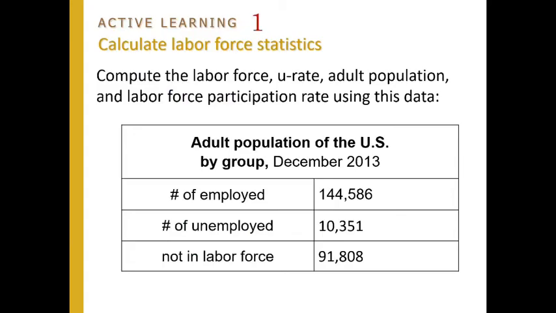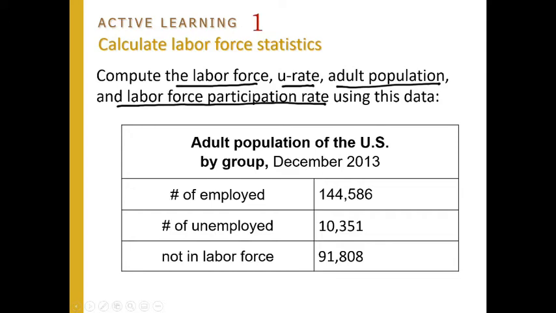Now let's try this example. Let's compute the civilian labor force, the unemployment rate, adult population, and the labor force participation rate. That means we need to add a couple of definitions here. First of all, let's focus on the civilian labor force.